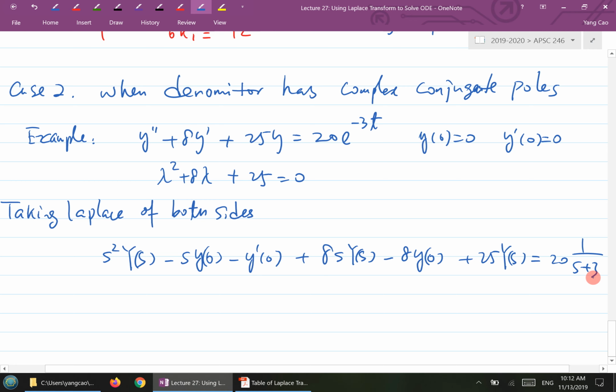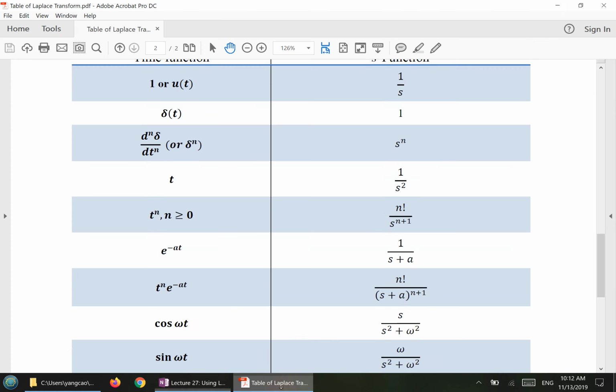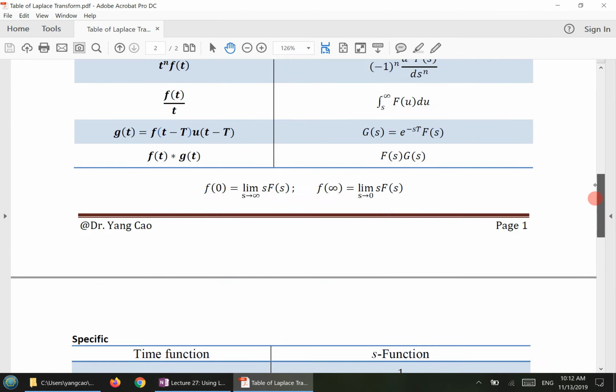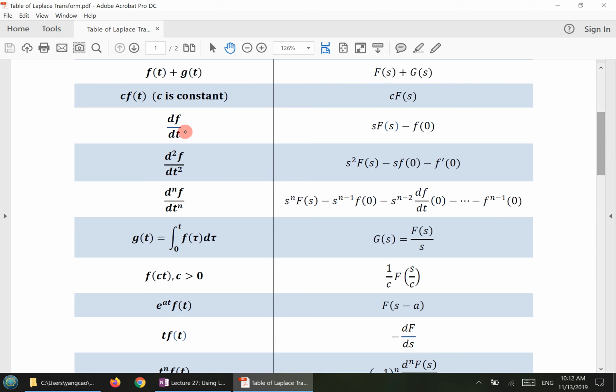All of these come directly from the table, right? So when you take the Laplace transform of a first order and a second order derivative, these are the results of the transform.